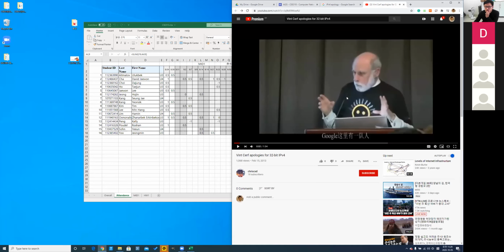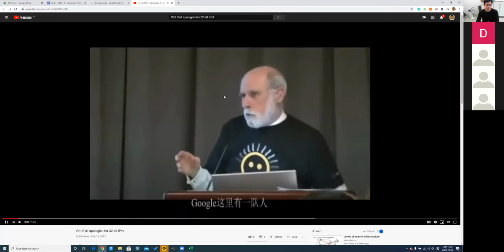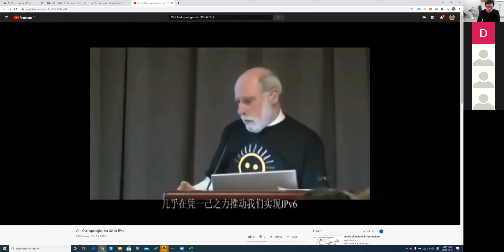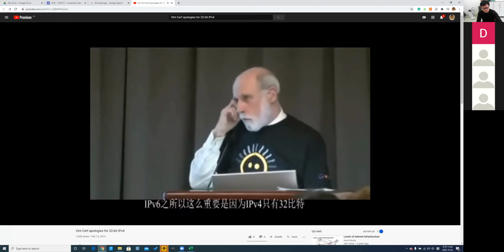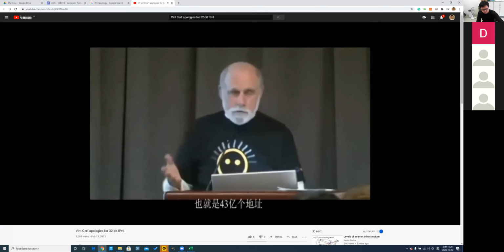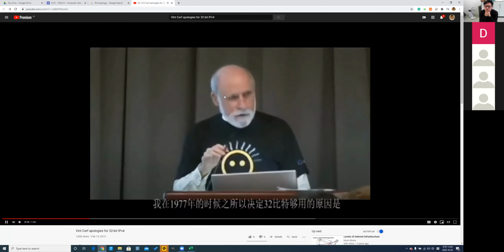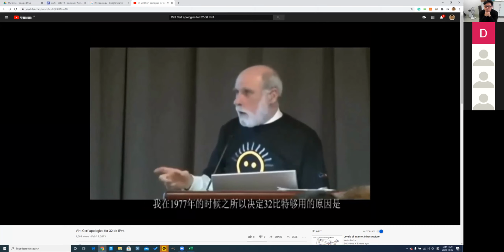He's Vint Cerf, who designed IP version 4. A group of people here at Google have almost single-handedly pushed us to implement IPv6. The reason that's so important is that the IPv4 address space only has 32 bits. It's 4.3 billion terminations. I made the decision in 1977 that the address space could be 32 bits and it would be enough.